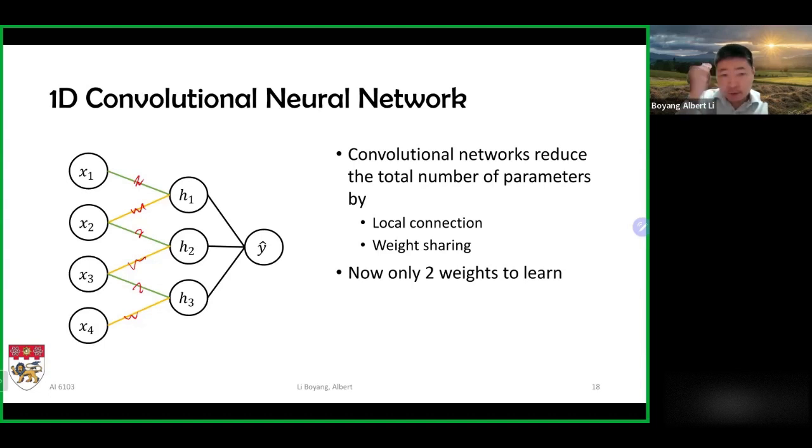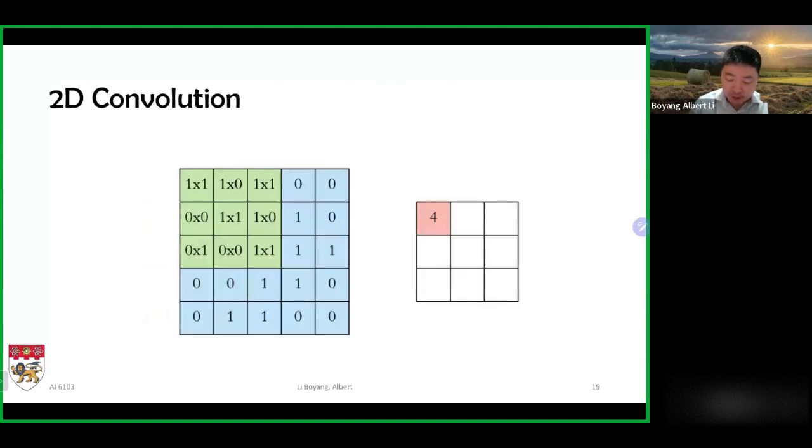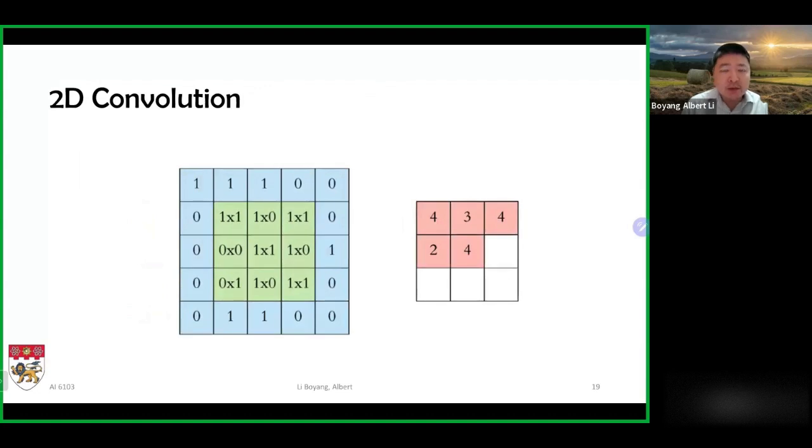If we do that, we end up with only 2 weight parameters, for the green and the yellow. So we have reduced the number of parameters in the first layer from 12 to 2. And this is a 6-fold decrease, which is quite something, right?